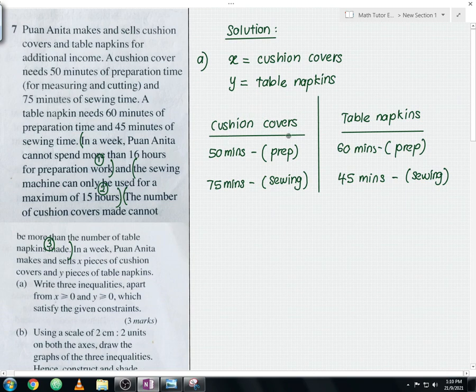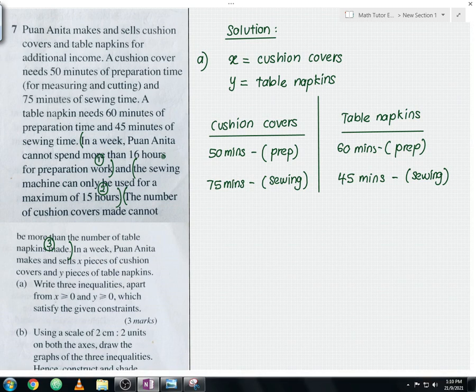You need to combine these two pieces of information, and be careful here, guys. The units here are in minutes, but the question is in hours. So you need to convert these hours into minutes in order to standardize the units.